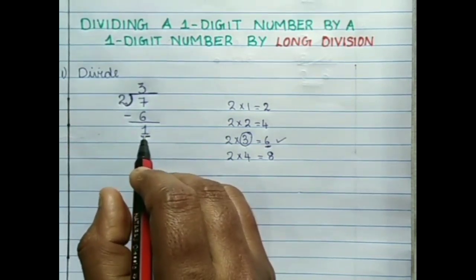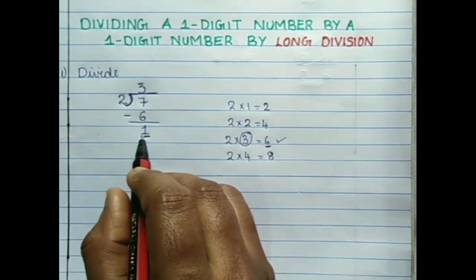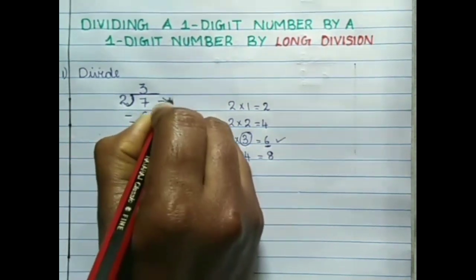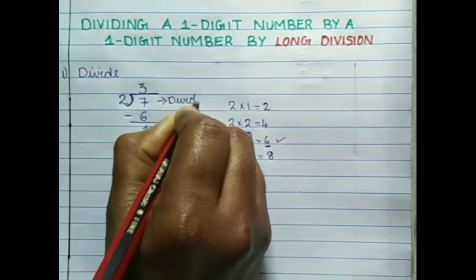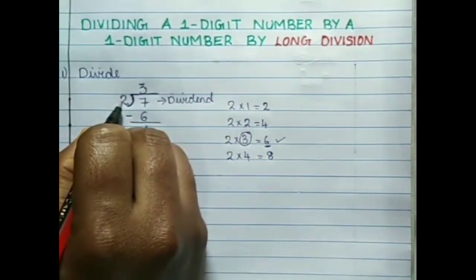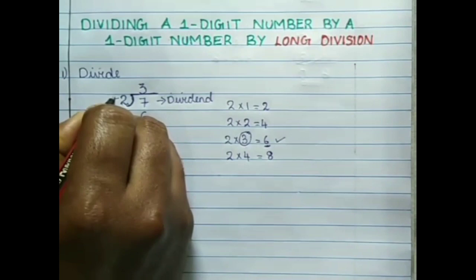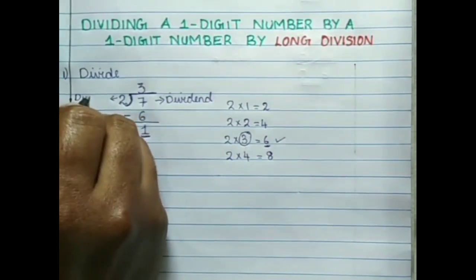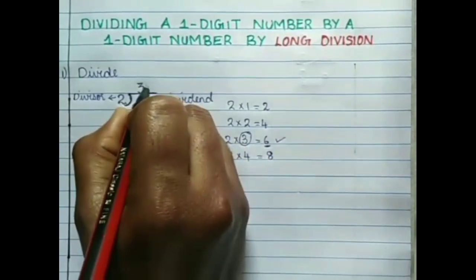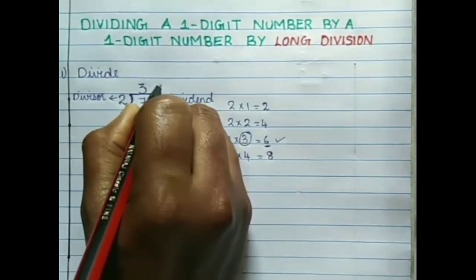So we have completed our division using the long division method. Here the number 7 is called the dividend, and the number 2 is called, yes, divisor, and the number 3 is called, yes, quotient.